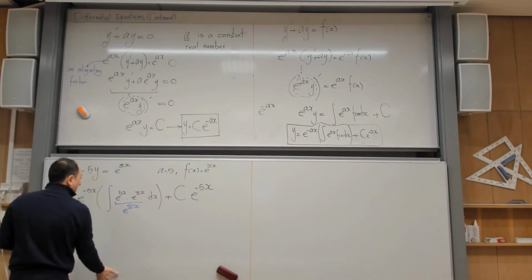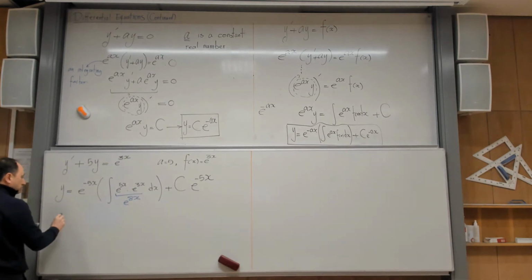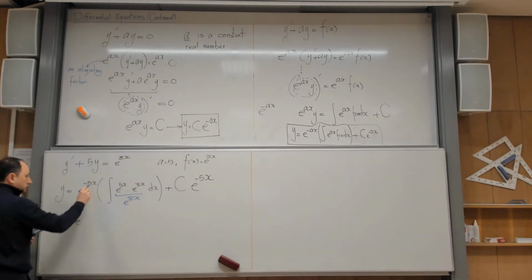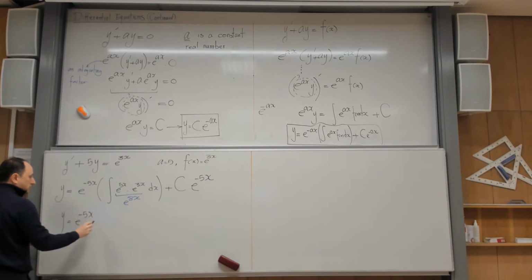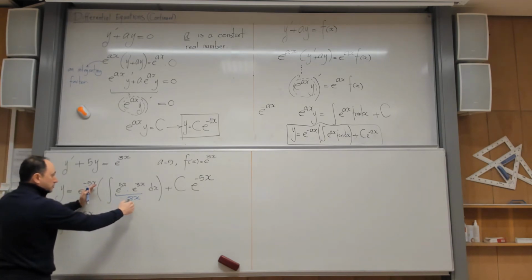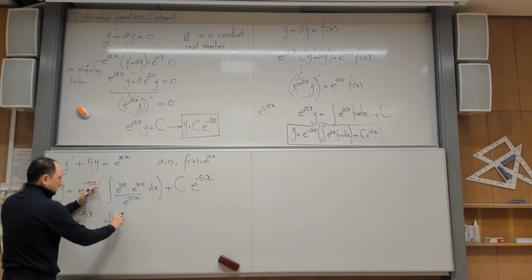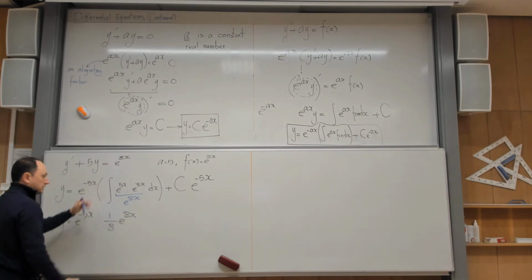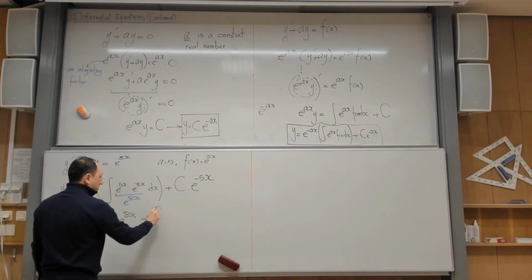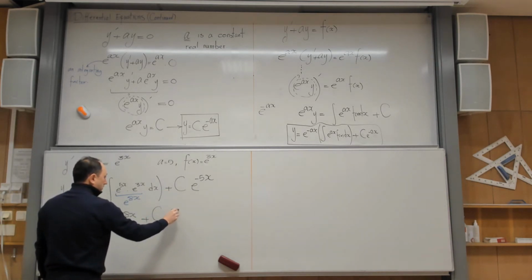Yes? So what happens? I continue one step more. So this becomes e to the power of minus 5x multiplied by a primitive function for e to the power of 8x, which is 1 over 8 e to the power of 8x. And then I have plus a constant times e to the power of minus 5x.